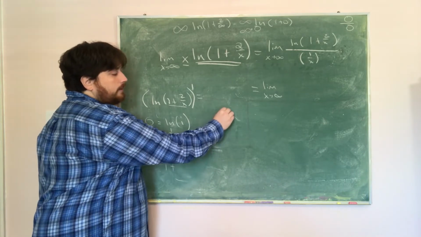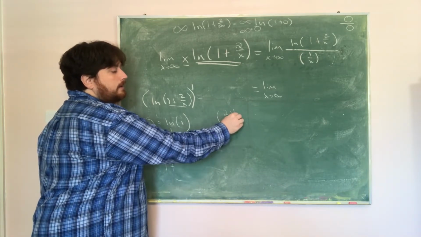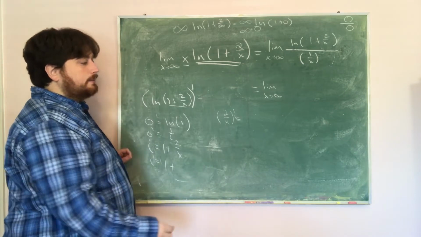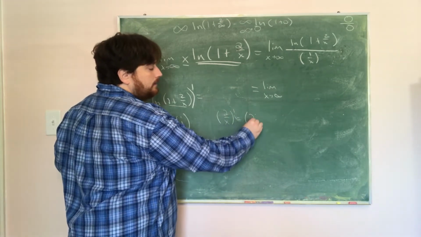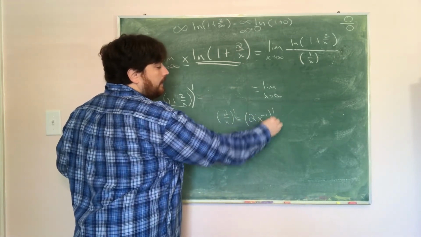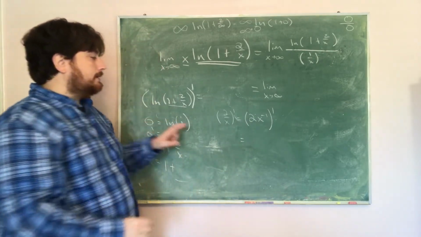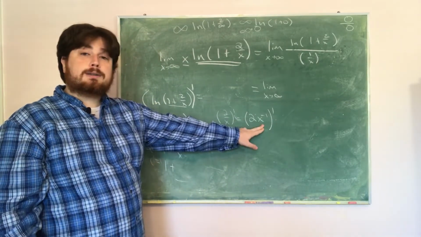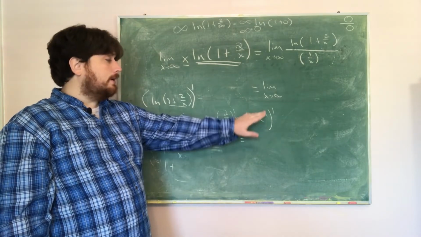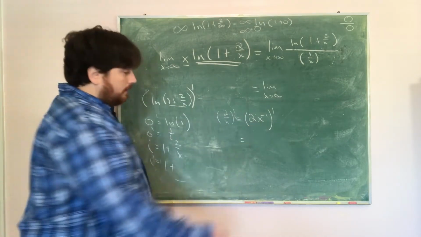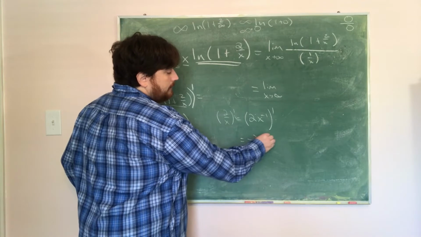Well, now if we look at the derivative of 2 over x, I'm going to take that to the side just to remind myself of what's going on here. This is really 2x to the negative 1, because instead of dividing by x, I can multiply by x to the negative 1. Therefore, I can use the power rule here. So I get negative 2x to the negative 2.